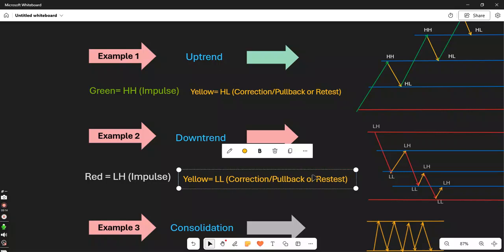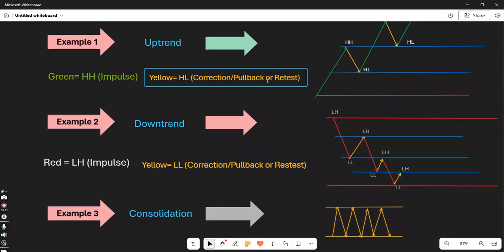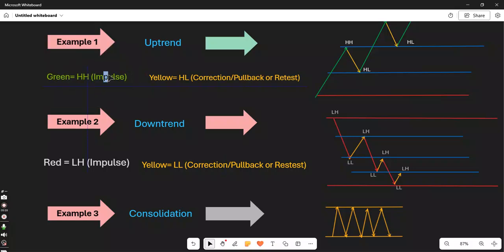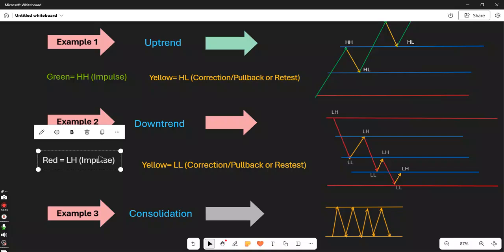They're all pretty much the same thing. If price is pulling back, it's correcting or it's retesting the area that it previously broke, or revisiting it in so many words. So don't get hung up on the word. Just pick one that you identify best with and go from there. It doesn't make sense to overcomplicate this if there's no need to do that.